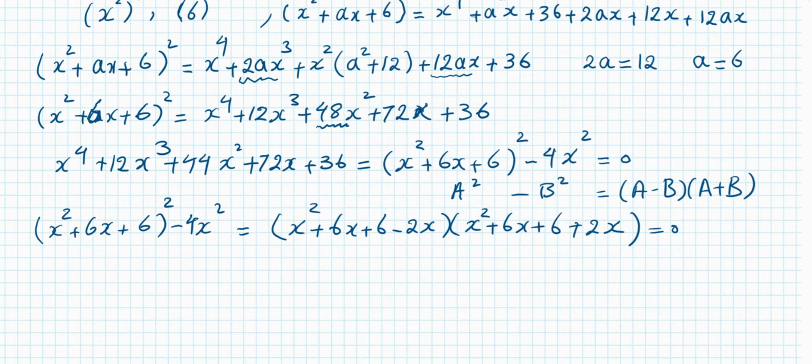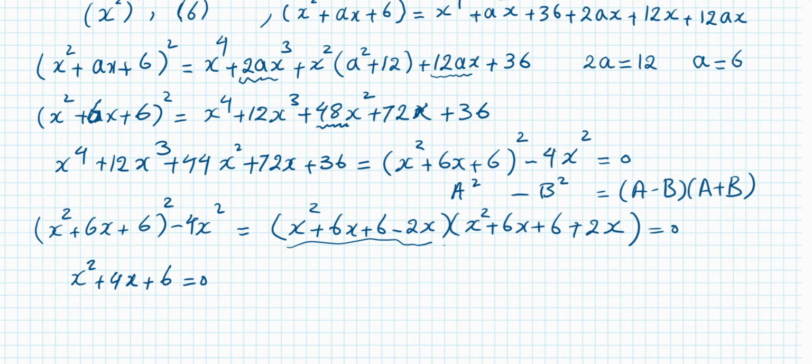So first we look at the first term of this, which is x squared plus 6x with the 2x, that would be x squared plus 4x plus 6 equal to 0.